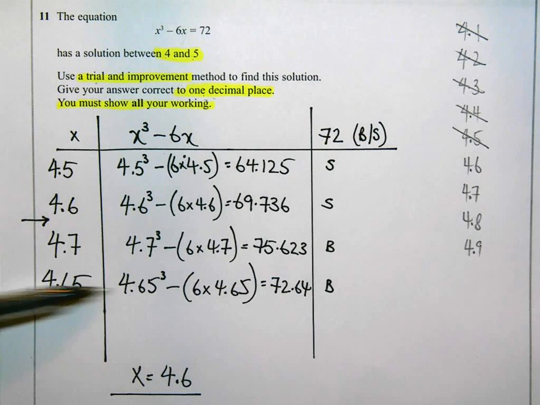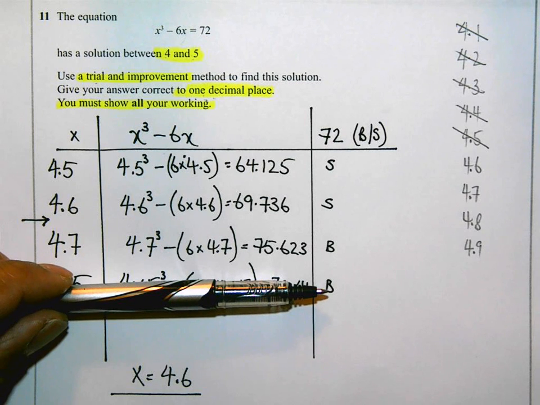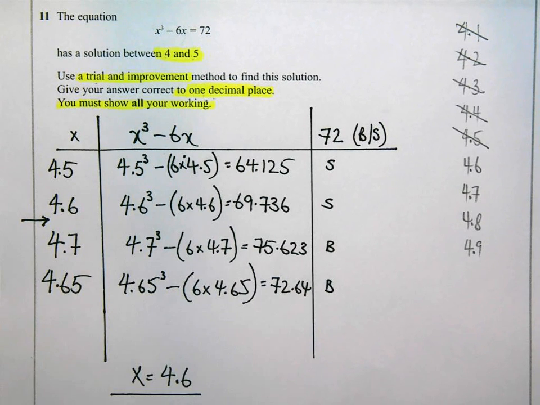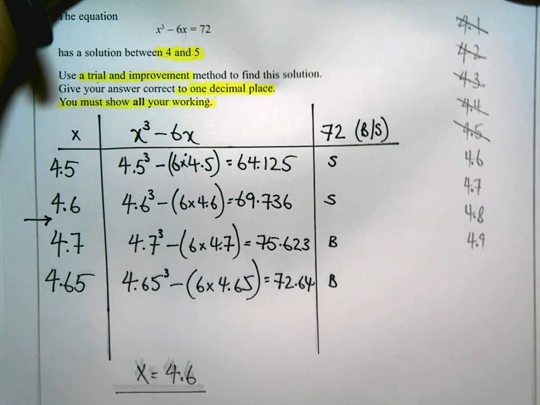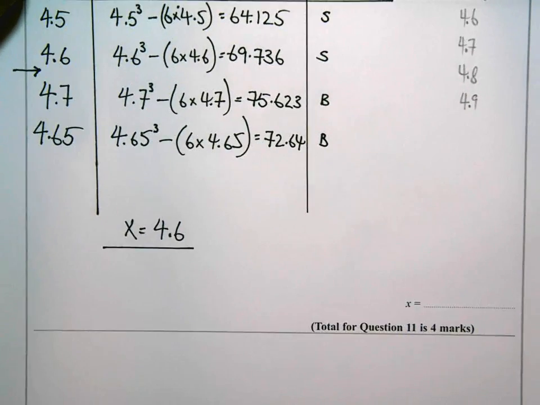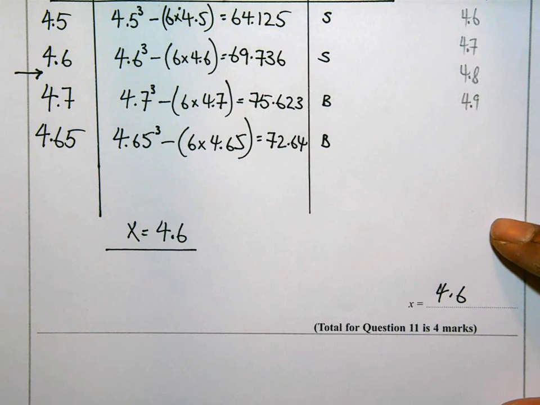This question is 4 marks. If you didn't do this, you're going to end up with just 3 marks. So make sure you include this line to get full marks. And if I just show you the answer space, x is going to equal 4.6. Okay, there you go. And make sure you do get this.